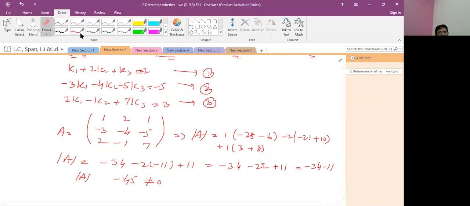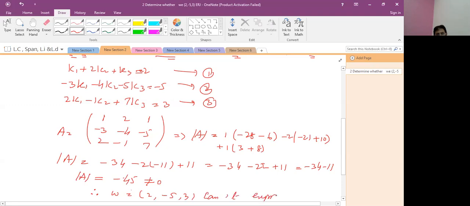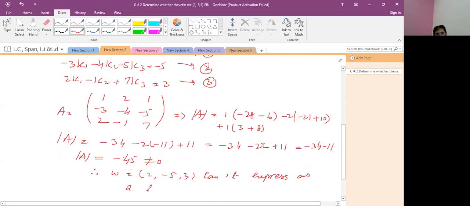This means W equals (2, minus 5, 3) cannot be expressed as a linear combination. This means it has no solution.